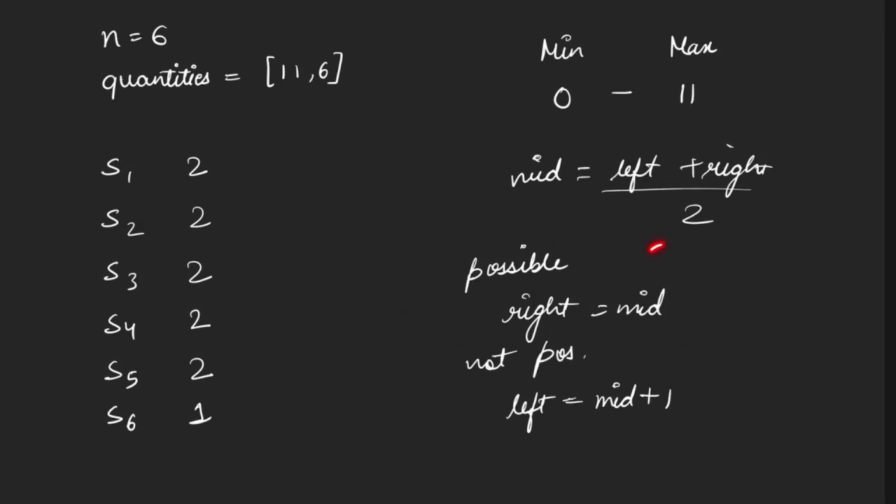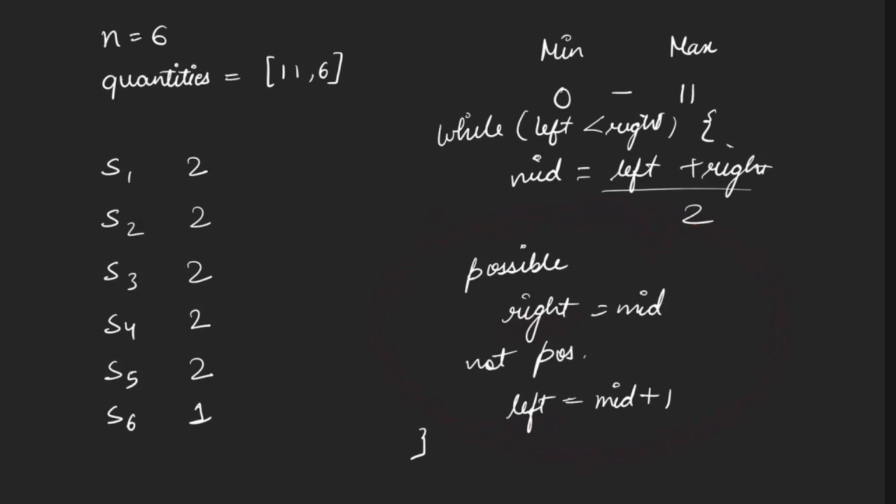Once you get out of this loop, you can return either left or right, because both will contain the same number. So you do this entire thing while left is less than right.